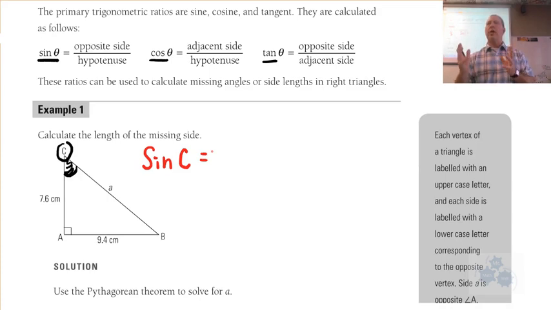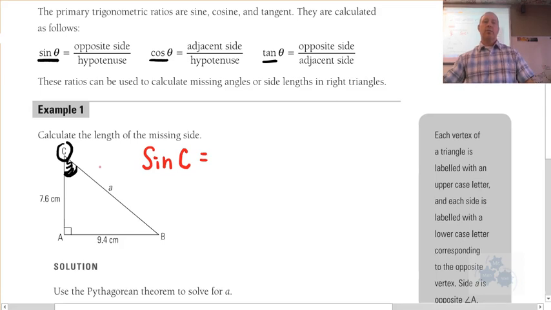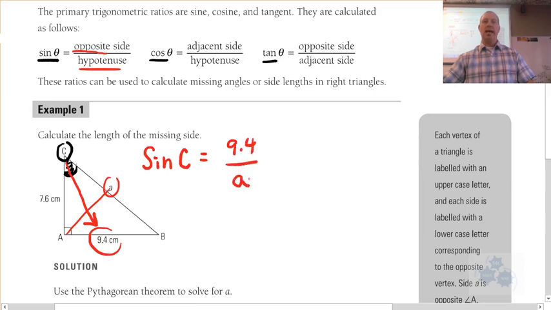If it's a non-right triangle, it gets a little bit more complicated. But for right triangles, the ratio of the opposite side, so you just draw a line straight through the middle of C, that's the opposite side, divided by the hypotenuse of the triangle, the one that's opposite the 90 always. So that would be 9.4 divided by A. That is the ratio that will fit with angle C.